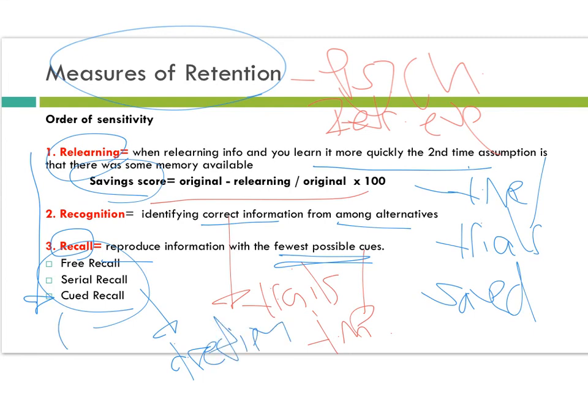And cued recall is like, I do this a lot, where I say to you guys, it starts with C, there are two words, things like that. So I'm giving you a hint. You need to make sure you know these in terms of the sensitivity, in terms of what they are. As long as you can identify it, talk about what it is, and give an example, you will be fine.